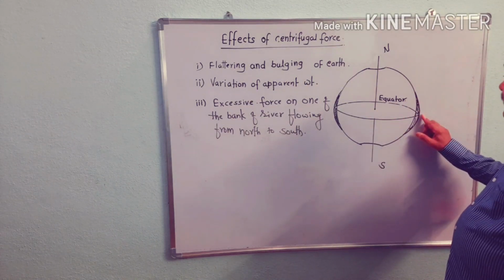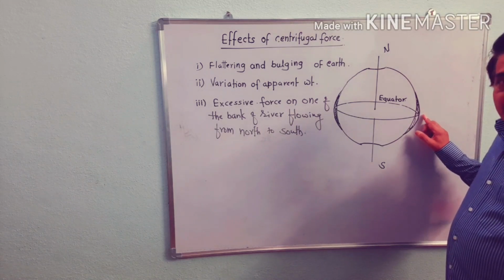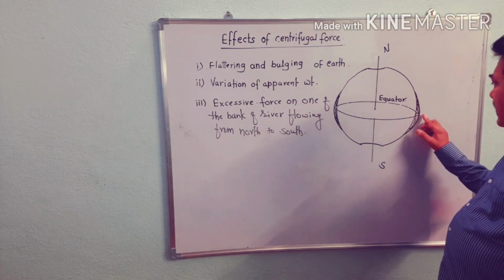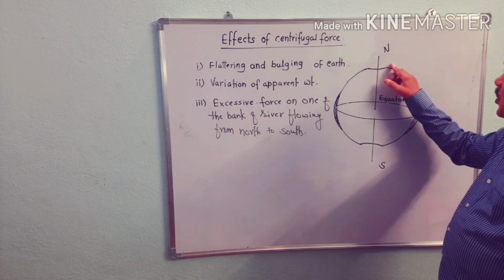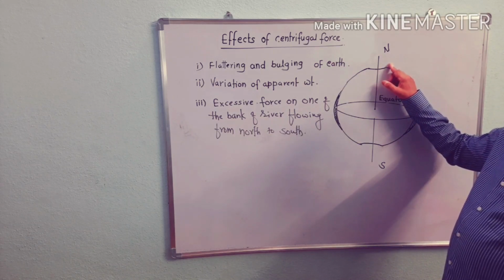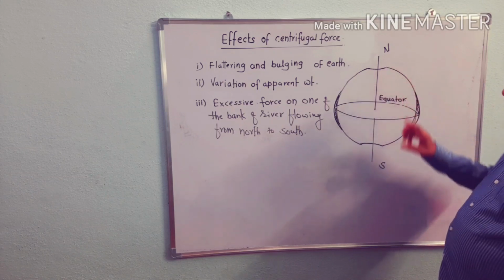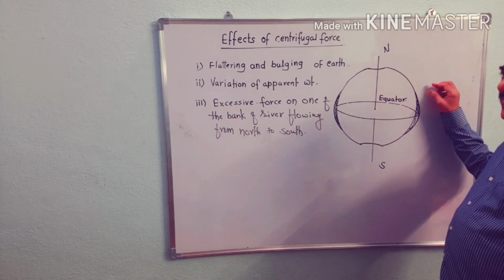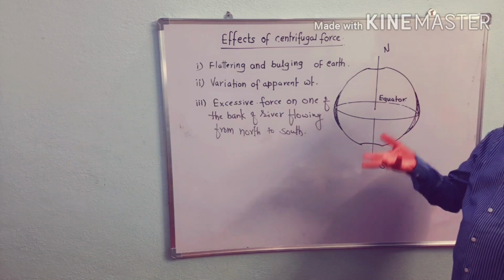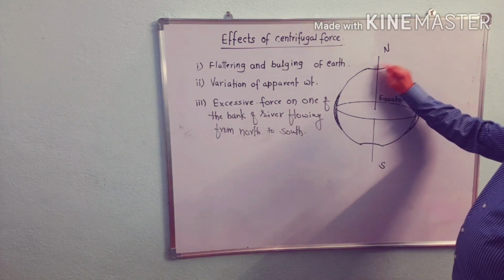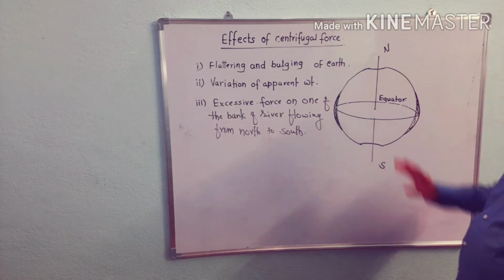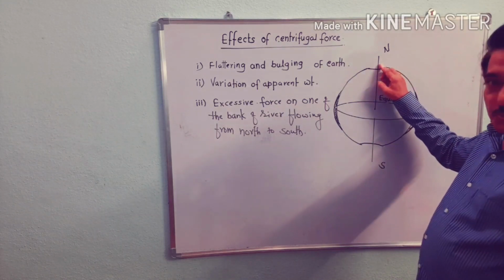So apparent weight is a minimum at the equator. And as we go from the equator to the pole, the magnitude of centrifugal force is decreasing, so apparent weight increases, and apparent weight is a maximum at the poles.